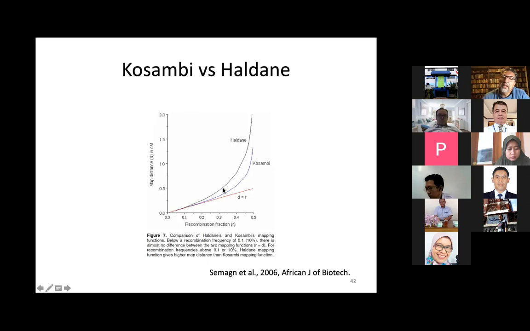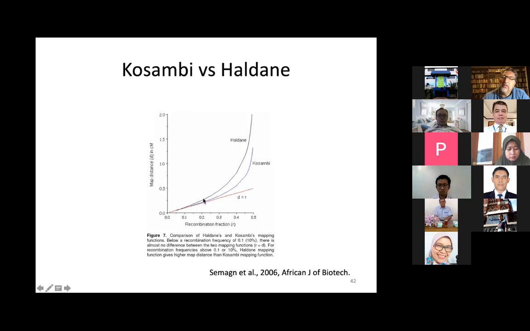The expected double crossover frequency will be incorporated in the function of Haldane. So let's say here you have a 0.2 recombination fraction, so it's 20%.